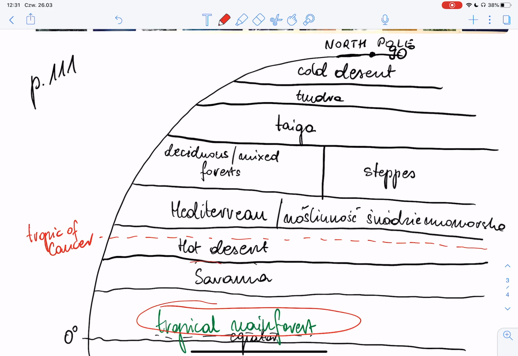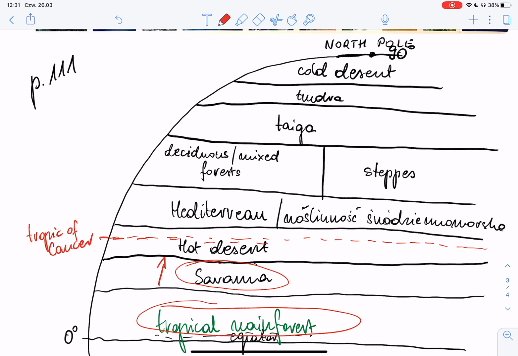If it comes to savanna, then this is an area that is in between. So the more to the north you go, the fewer trees you will see. The drier it will get. And when you hit hot desert, then basically it's just dry.